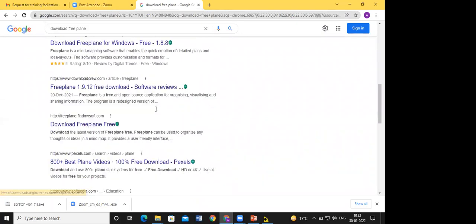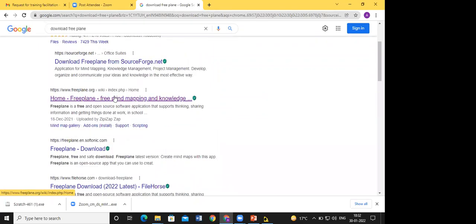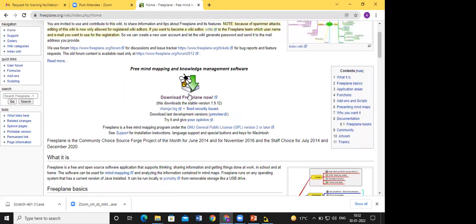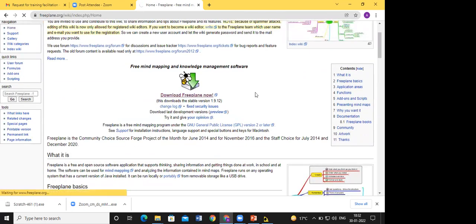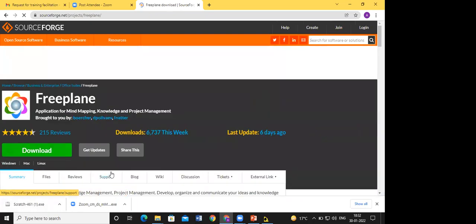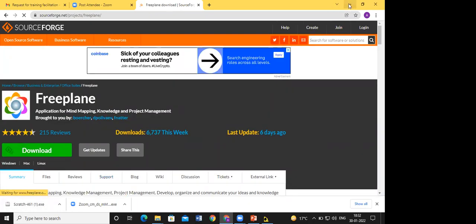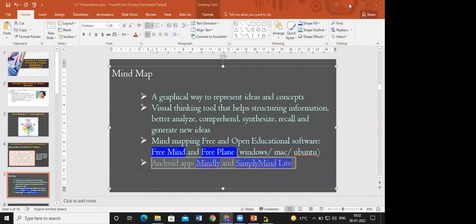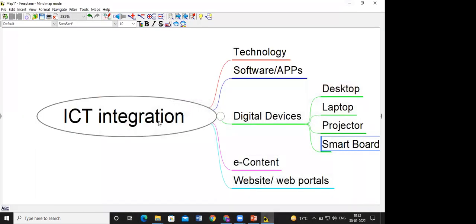If I click on one of the results, that is the home of FreePlane, then I'll get the download FreePlane now option. When I ask for the download, it will be downloaded, and after that I can install it in my system, and then it will work. It will become a shortcut like this one, and when I use this shortcut, it will open.